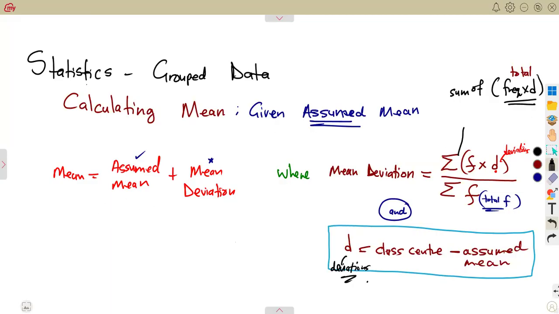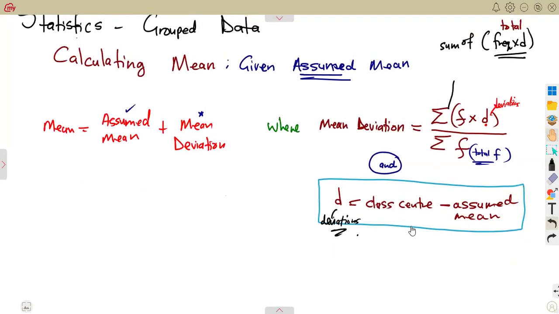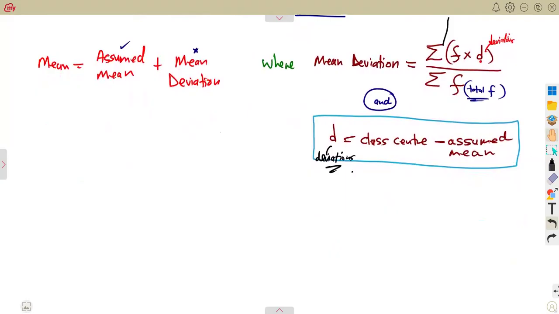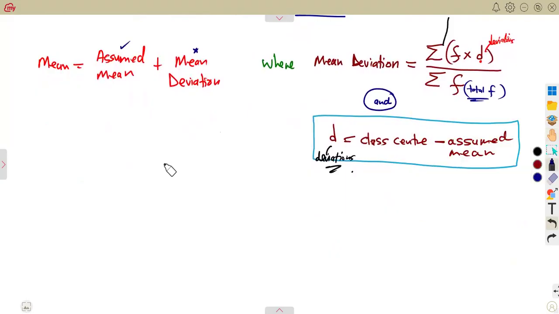So with these formulas, guys, I want us to put them into practice. Let's say we are given a table, like I said, using the assumed mean. Let's say we are given an example. You have got a table that gives the class and also the frequency.